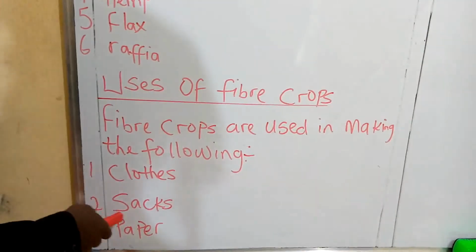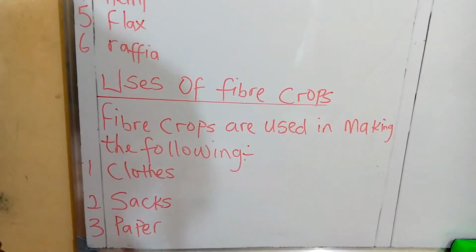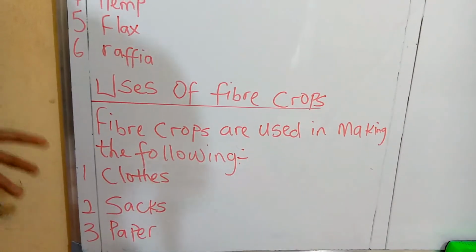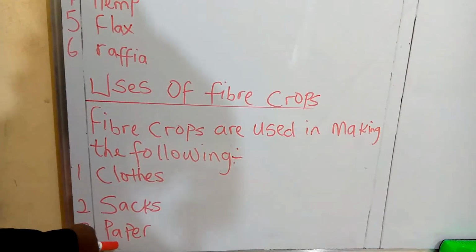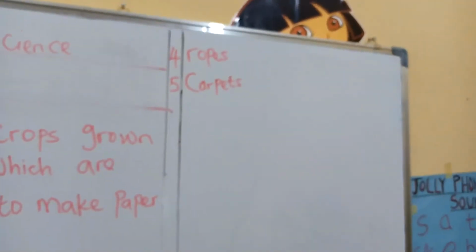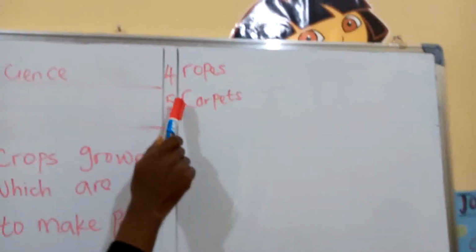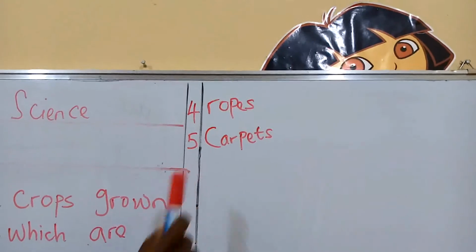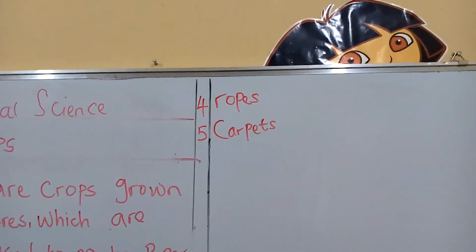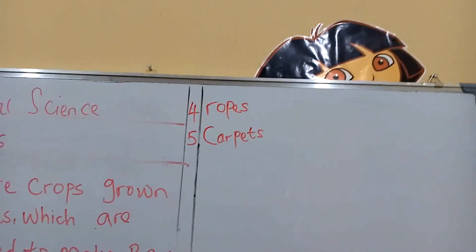Number two, we have sacks, the sack bag we use in putting garri and all of that. Number three, we have paper. The book you use in writing is made from fiber crops. Number four, we have ropes. Number five, we have carpets, the carpet in your house.